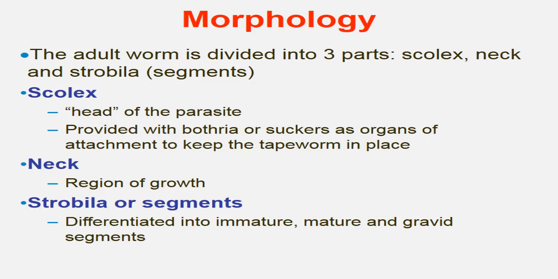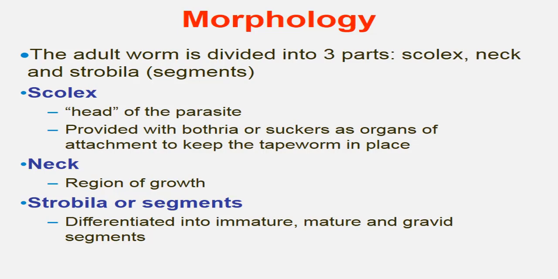After general characters, we will talk about the morphology of class Cestodes. The adult worm is divided into 3 parts: scolex, neck, and segments. The scolex is the head of the parasite, provided with bothria or suckers as organs of attachment to keep the tapeworm in place.